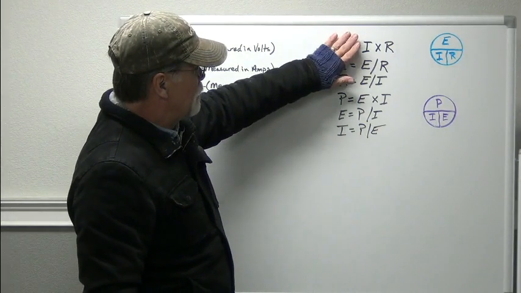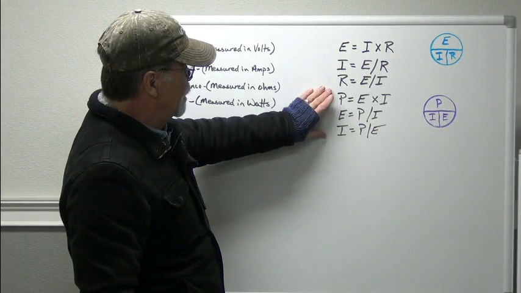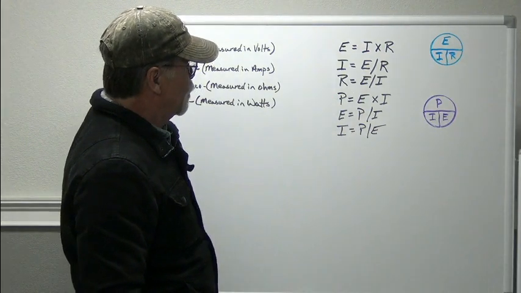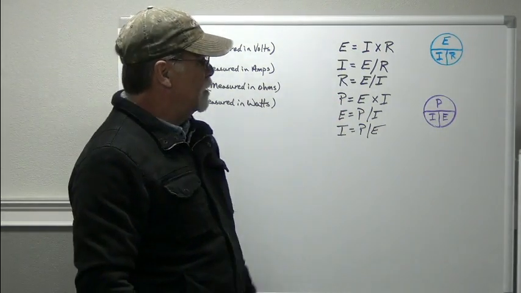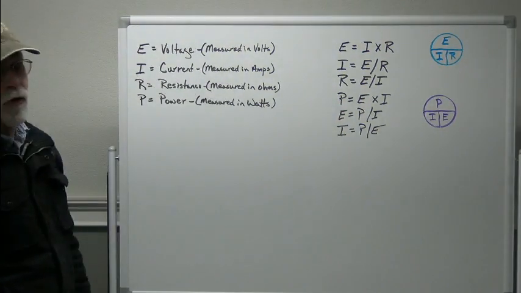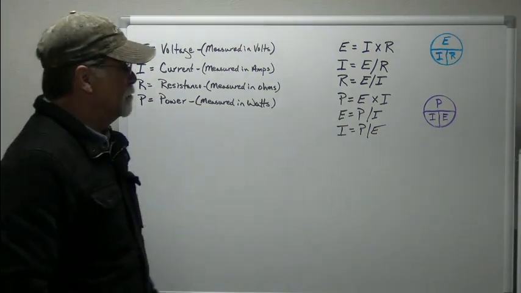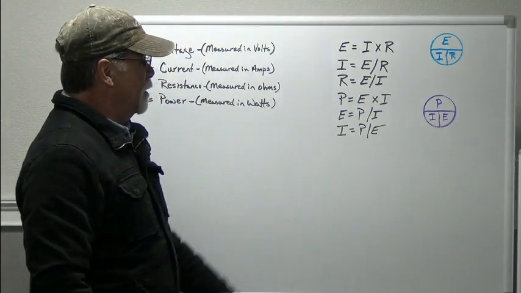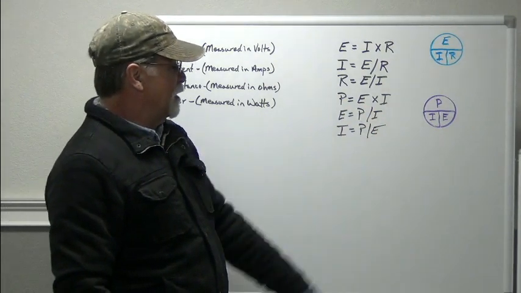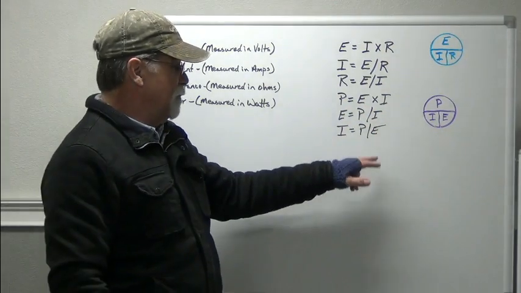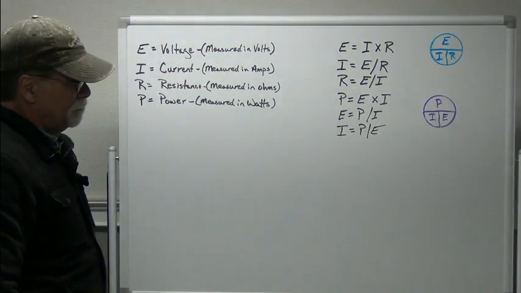These you won't use quite as often, but in the EV world, we're going to use these much more often. Power is volts times amps, voltage times current. Voltage is power divided by current, and current is power divided by voltage.